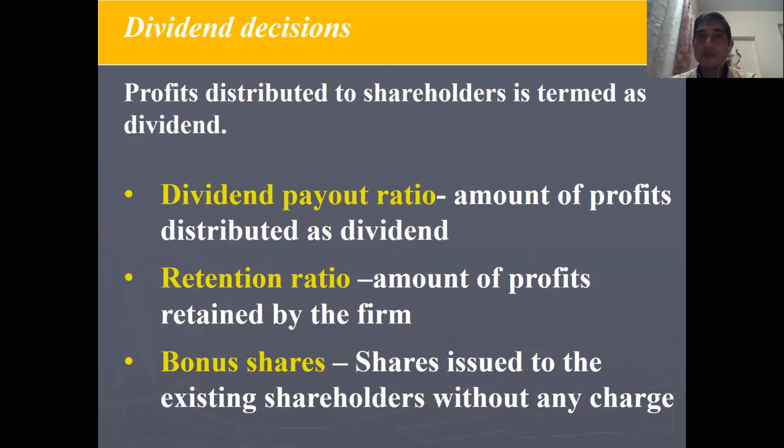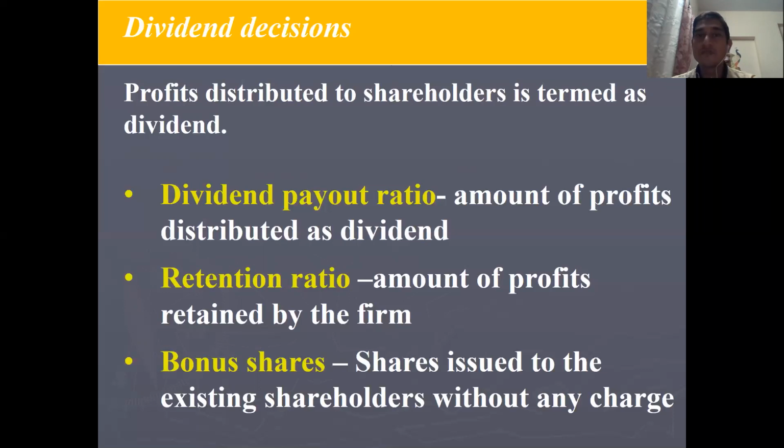But in general, when the profits are distributed to the shareholders, it is called dividend. Obviously, the total profits are never distributed to the shareholders. Some portion is always retained, some portion is distributed. Depending on that, there are two terms.